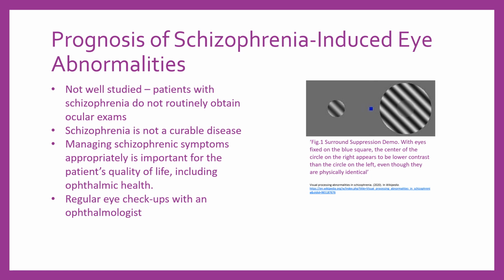And when symptoms arise with these psychiatric conditions, managing them appropriately is important for the patient's quality of life and their ophthalmic health as well. Regular eye checkups with ophthalmologists is also important.